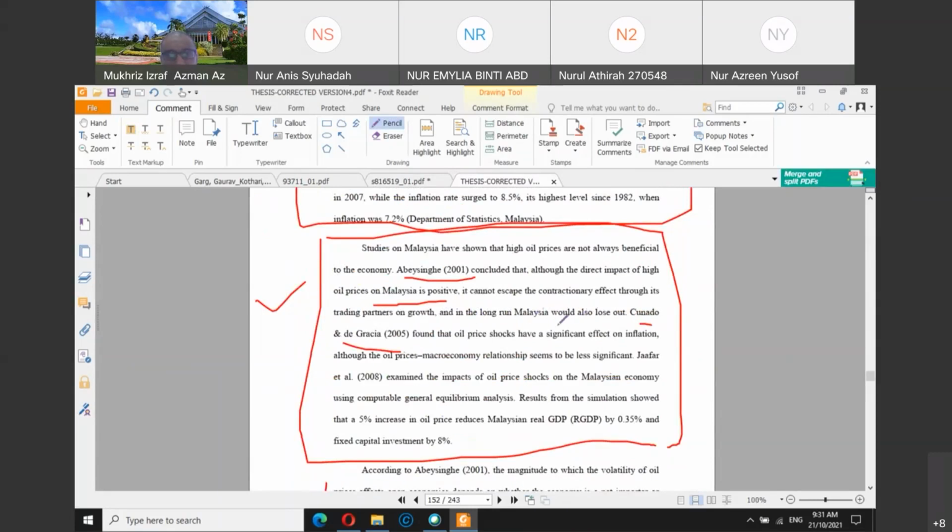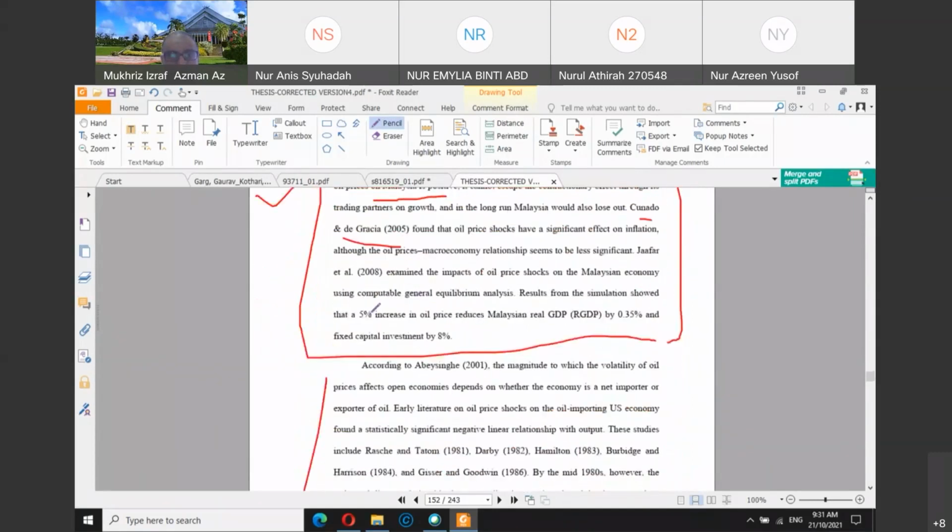For example, if you're talking about online purchase during the pandemic, maybe only in the third or fourth chapter do you start highlighting online purchase during the pandemic. That is how you develop it.